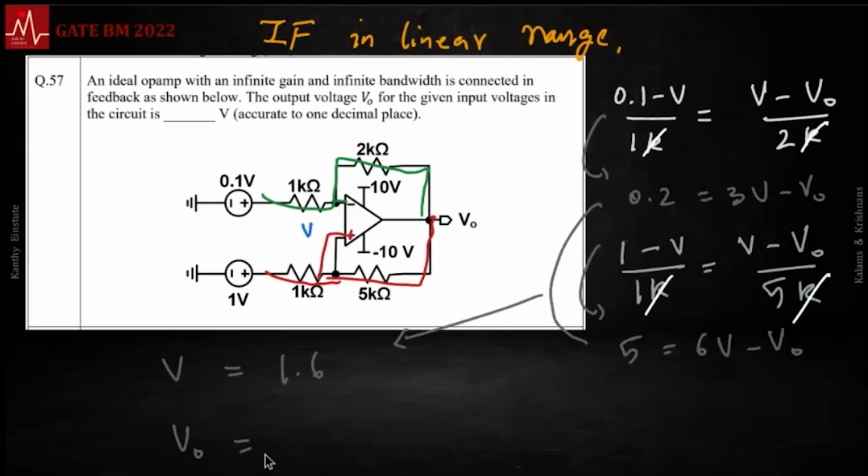And your V naught equals 6V minus 5, 4.36. Why am I getting that? The equations are all correct, right? Oh, it's 5 minus 0.2. I did 5 minus 0.4. So 0.8 divided by 3. Yeah, 1.6, and then your V naught is 4.6.